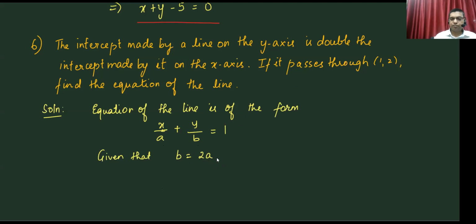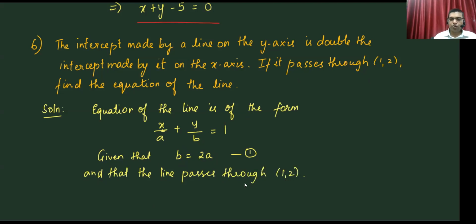So this is the first condition. The second condition is that it passes through 1 comma 2, given that b equals 2a.